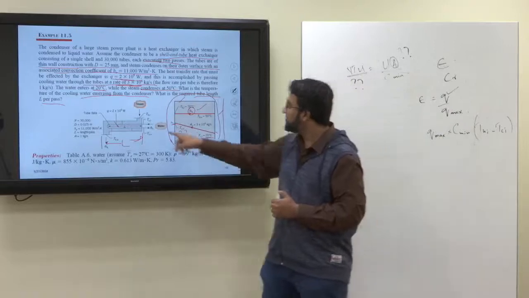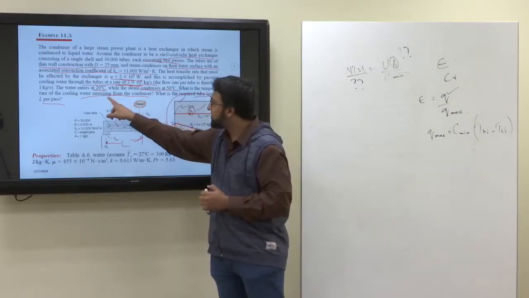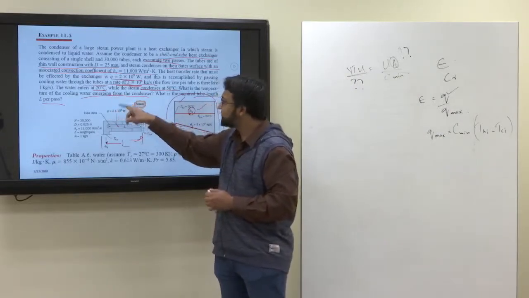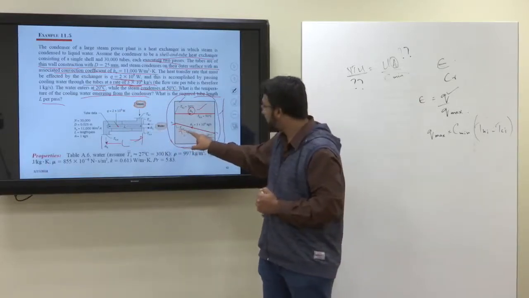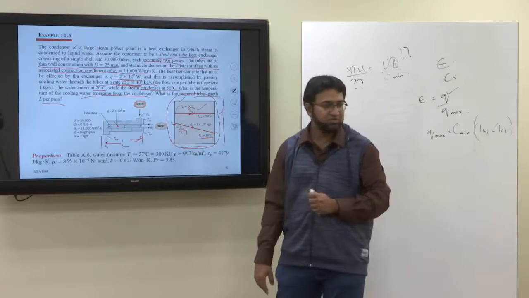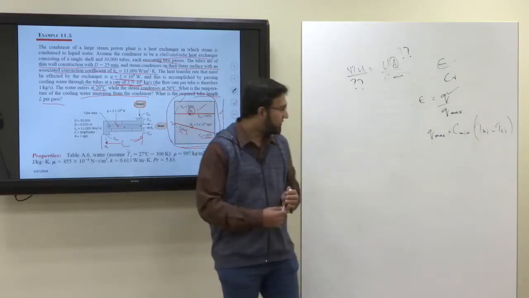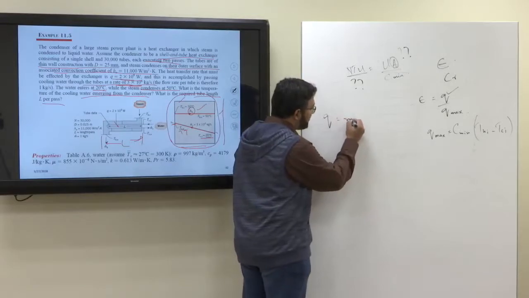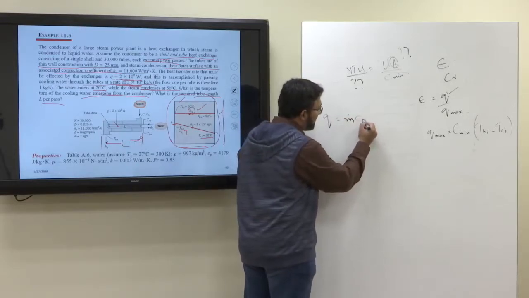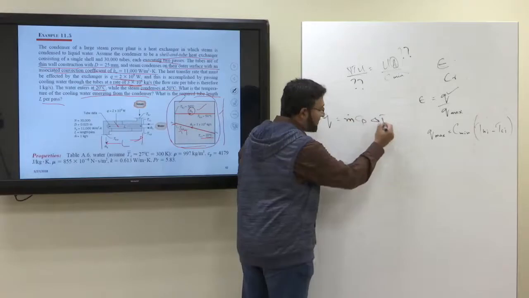The other thing we wanted to find out, what is the temperature of the cooling water emerging out of the condenser? We needed to find out TC out. How can we find TC out? We have the formula Q equals m dot Cp delta T, right?